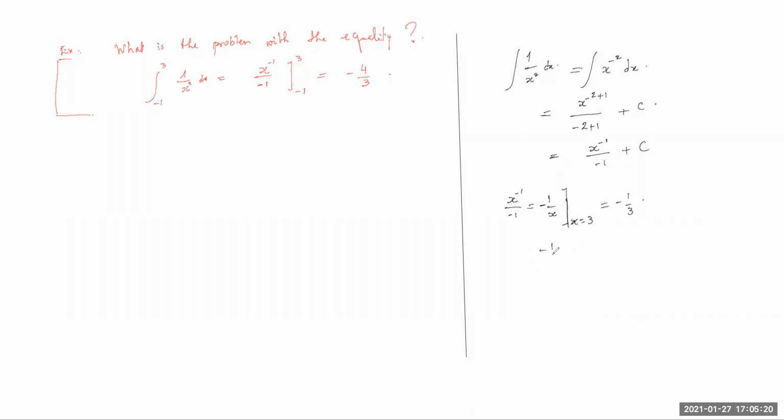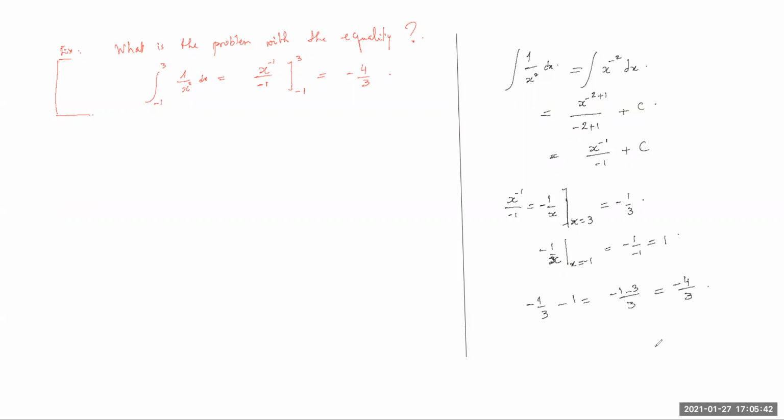If you take it at x equal minus 1, you will get minus 1 over minus 1, which is 1. Then if you do the difference, minus 1 over 3 minus 1, we will get minus 1 minus 3 over 3, which is minus 4 over 3.